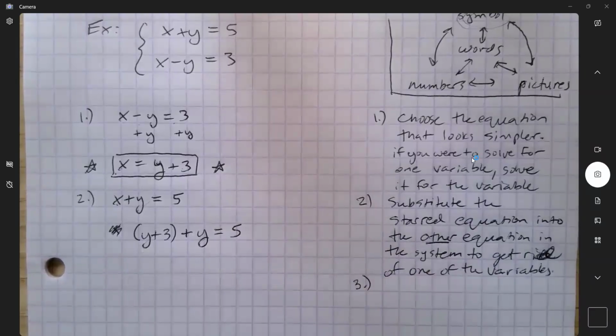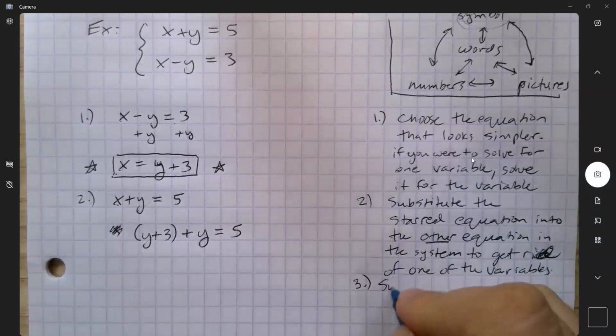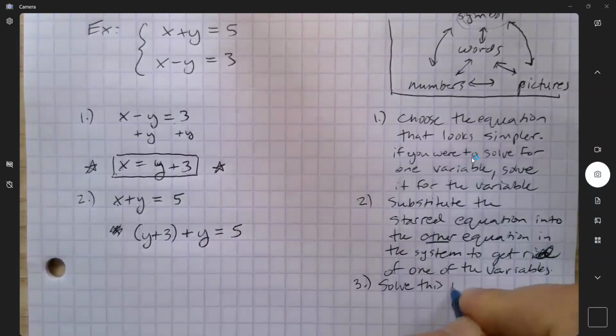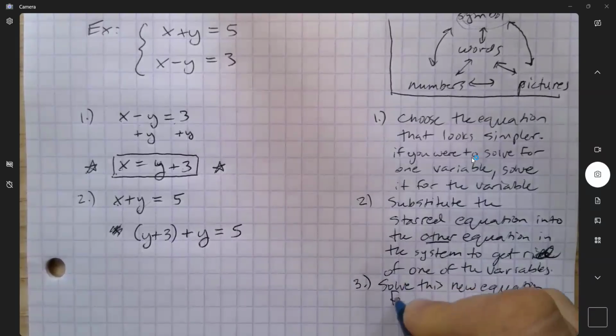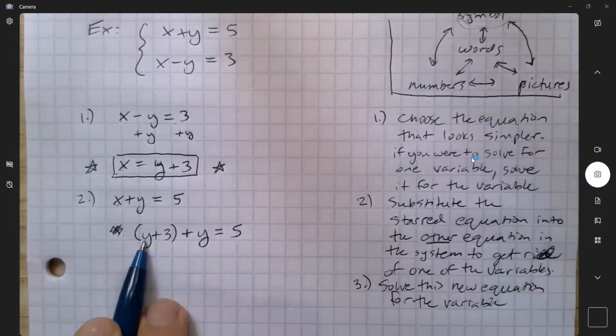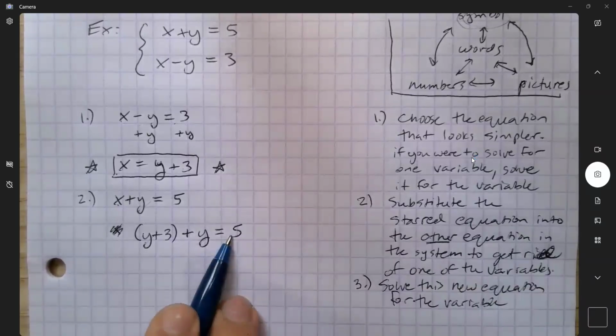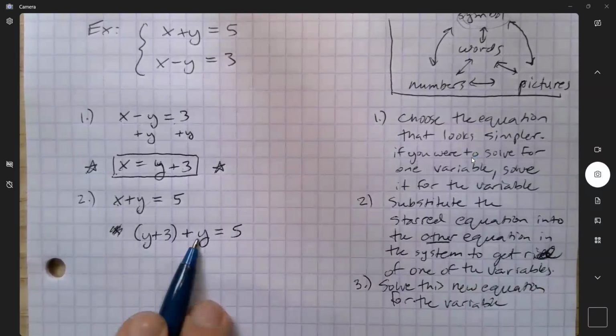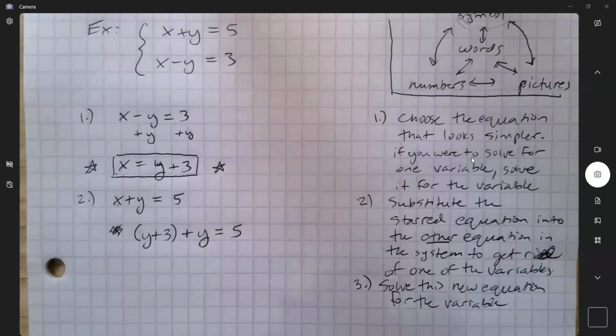This one happened to be pretty easy to substitute or to do those first steps. And once you've substituted, you're going to solve this new equation for the variable. My new equation has only one variable in it. y shows up more than once, but it's only a y. And I have the tools to solve that type of equation because that's what I've been practicing so far.